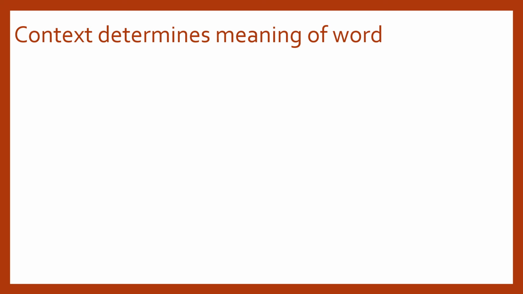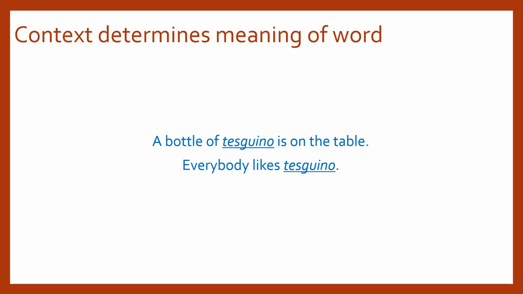To reflect that, let's look at an example: a bottle of Tesgüino is on the table. When you look at this first sentence, we may not be aware of the meaning of this particular word. But when we look at the next sentences, we get some sense. Even in the first sentence, words like bottle give some idea of what kind of thing it can be, because it is kept in a bottle.